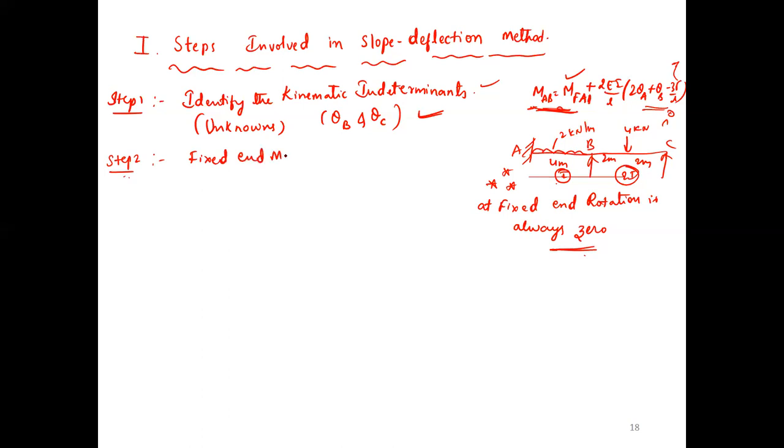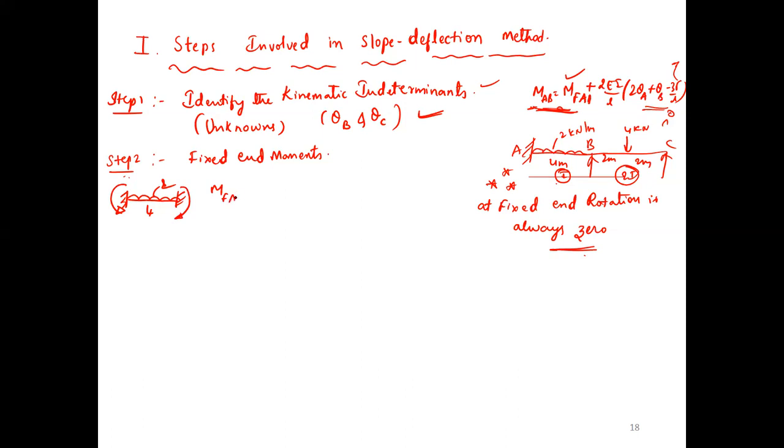In fixed end moments, first I am assuming the AB member to be fixed, with 2 kilonewton per meter over 4 meters. These are the possible moments.